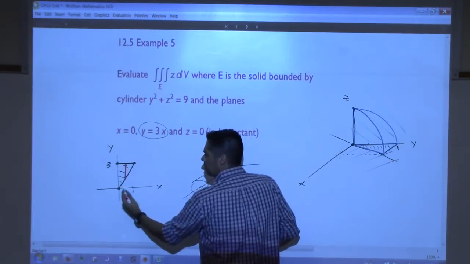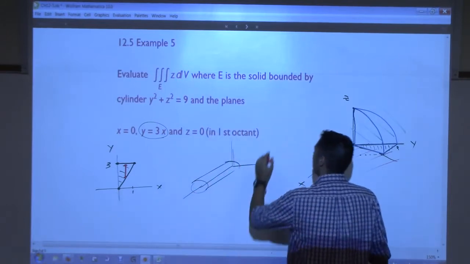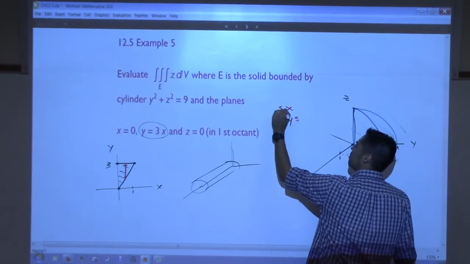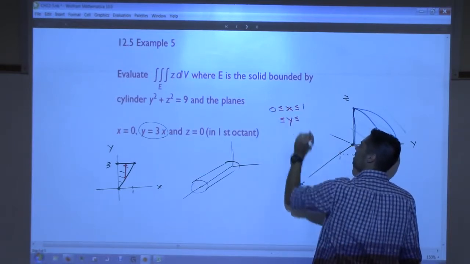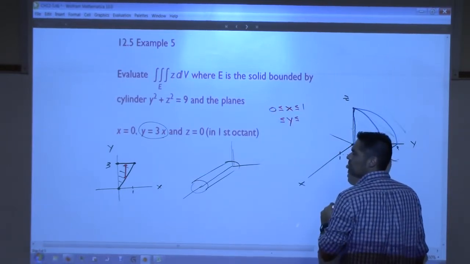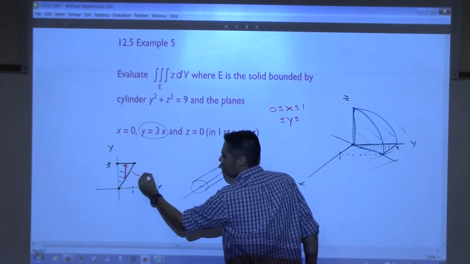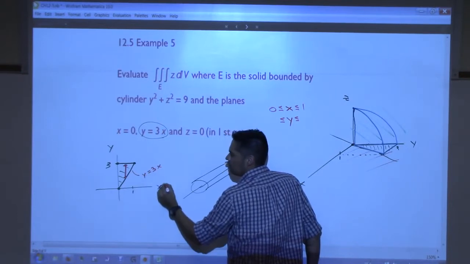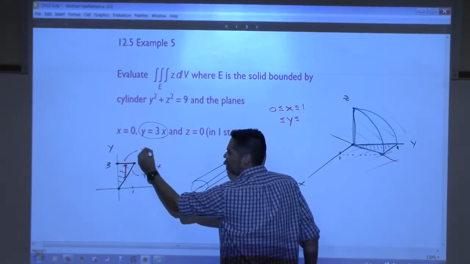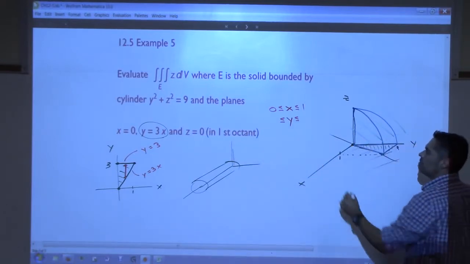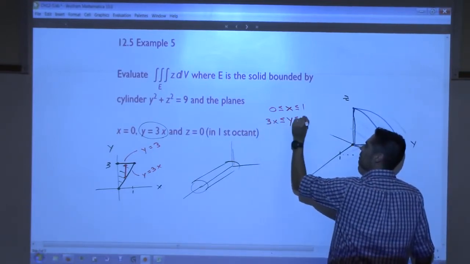My x's are bound between two constants, so I should be able to set up my restrictions on x and y right now. X restrictions are 0 to 1. Y restrictions, so you have to know the equation of this line, which is y is 3x, and then the equation of this line, which is y is 3. It's constant. So this is going to go from 3x to 3.